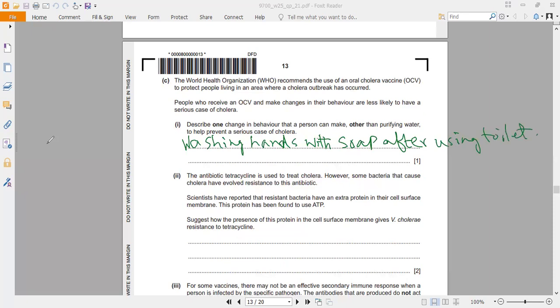Or another can also be to wash the fruits and vegetables before cooking. So, okay.